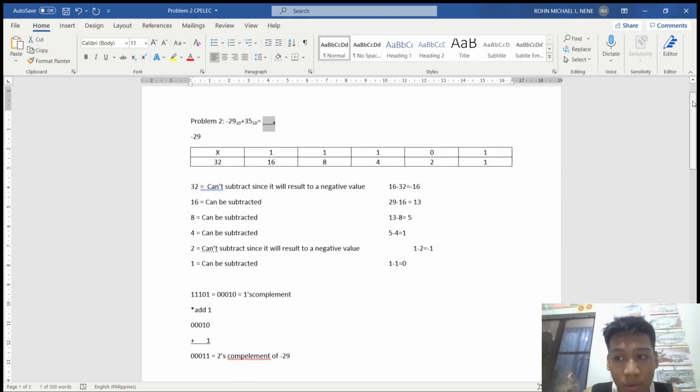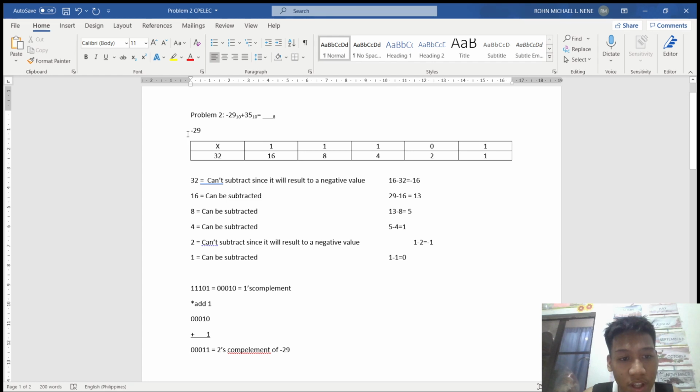And for the first step, we will process negative 29, and to do that, we will be assigning a table, which is this one, and then this table will determine whether we will be inputting 1 or 0 in the table.